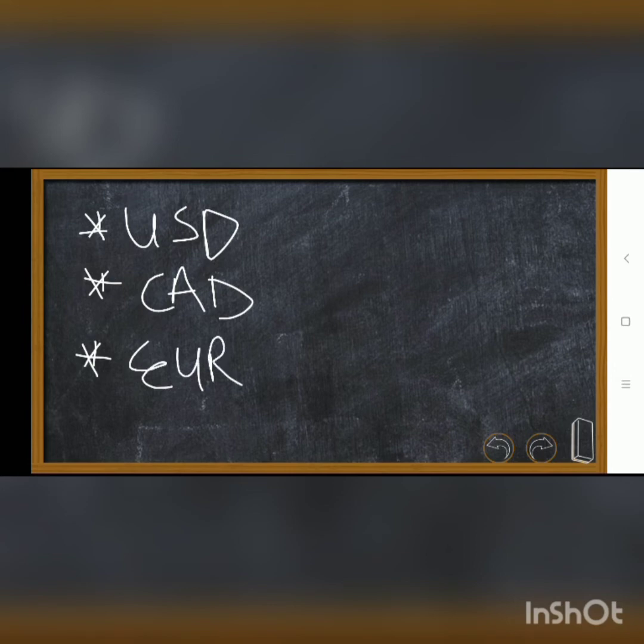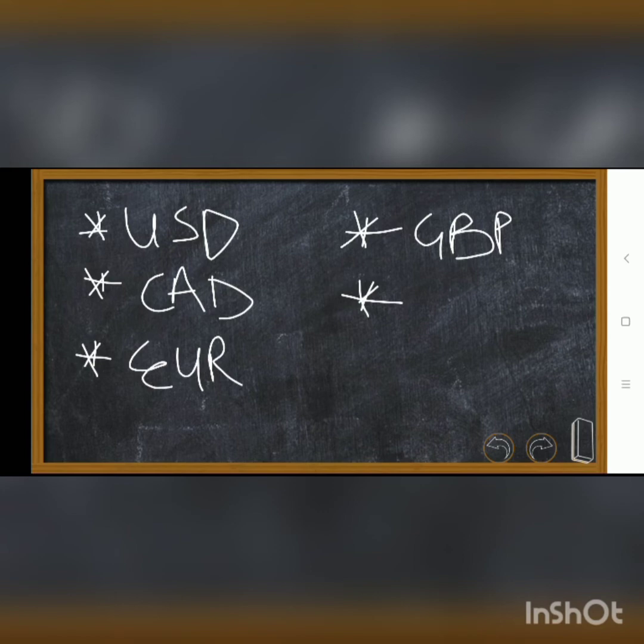It's used by countries in the European Union. Germany, France. You can search about the currencies in the countries in the European Union. We have the Great British Pound, GBP. That's used by the United Kingdom, UK.